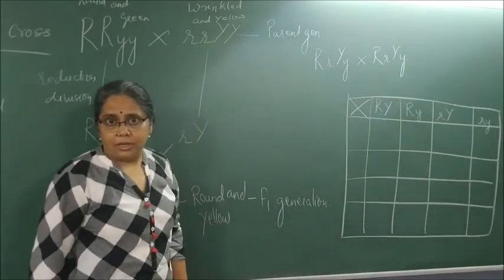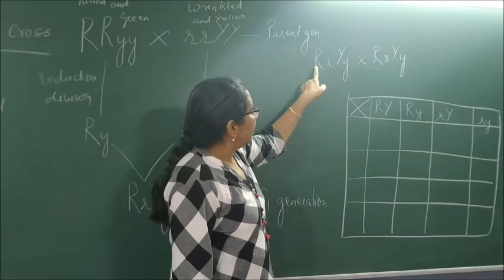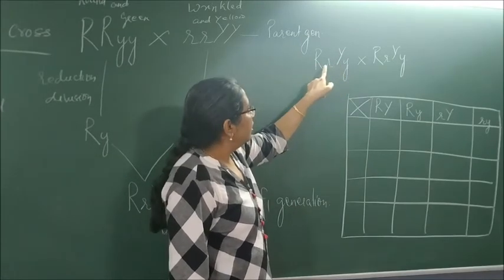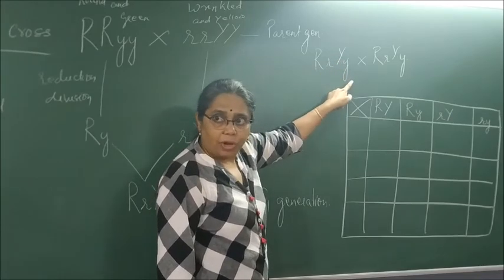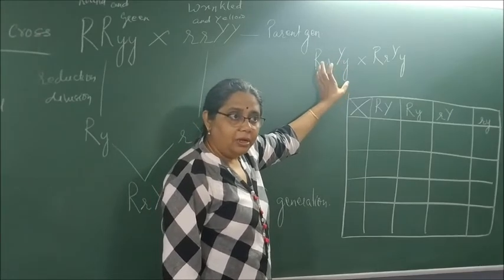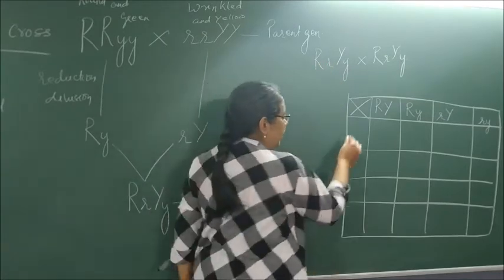Correct? Understood? Capital R capital Y, capital R small y, small r capital Y, small r small y. So from one plant, how many gametes are possible? Four gametes. Same way from the other also.